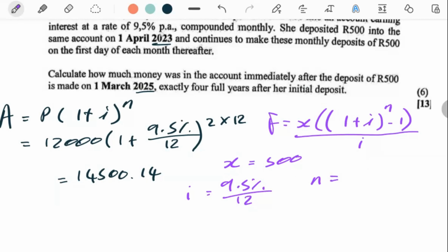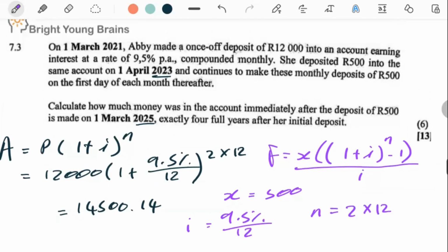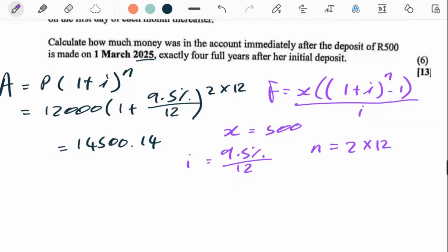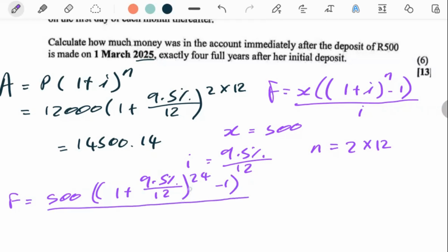Because from 2023 until 2025, that's another 2 years. And then we can throw all that information in the formula. So F here will be equal to 500 Rand, 1 plus the interest rate, which is 9.5% over 12, the whole thing to the power of 24, minus 1, over 9.5% over 12.